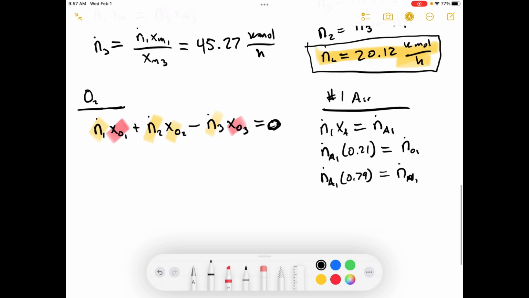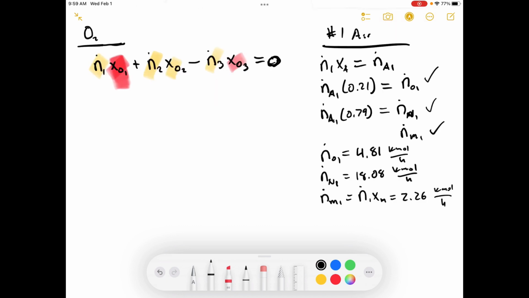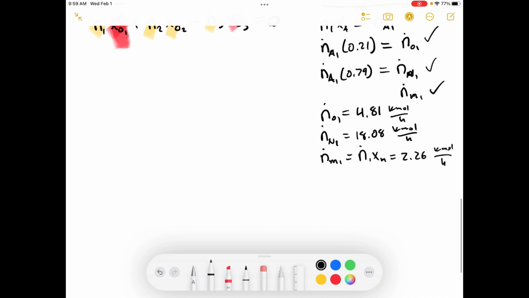Okay, and then if we have the molar flow rate of oxygen and nitrogen and methane, then we can figure out what the total molar fraction is of oxygen. Okay, so let's calculate what those are. 2.26 kilomoles per hour of methane going in. Okay, so now we can get our overall fraction of oxygen going into stream 1.